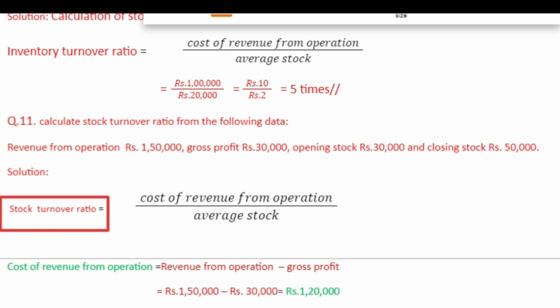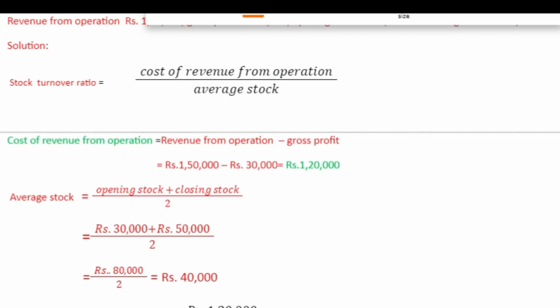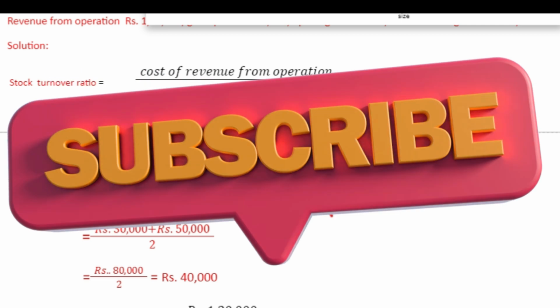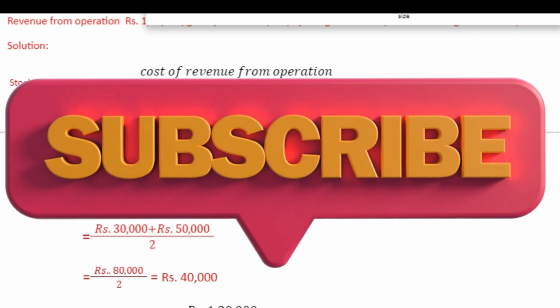The revenue from operation is 1,50,000 and gross profit is 30,000, so 1,50,000 minus 30,000 gives 1,20,000 as cost of revenue from operation.